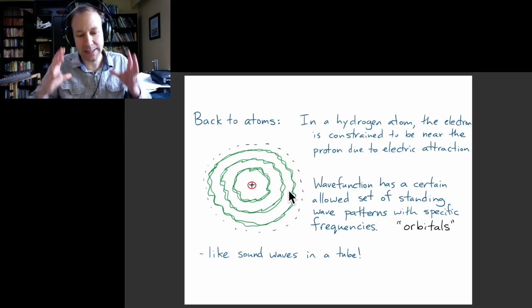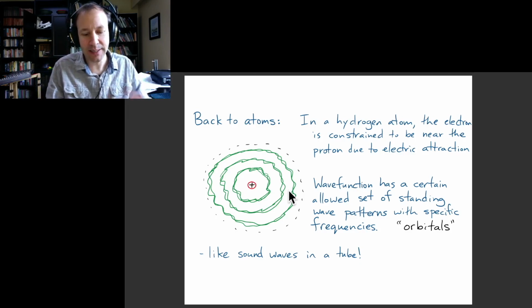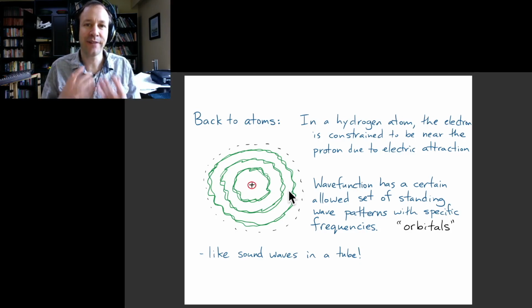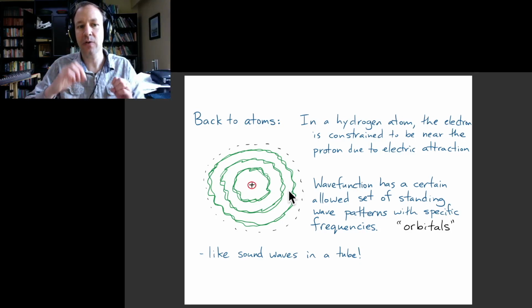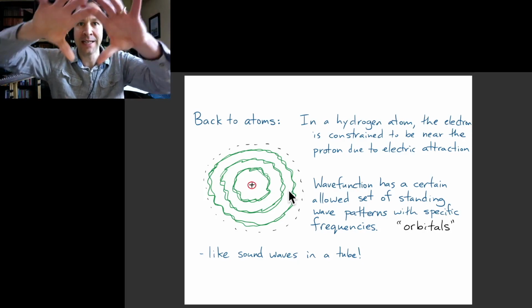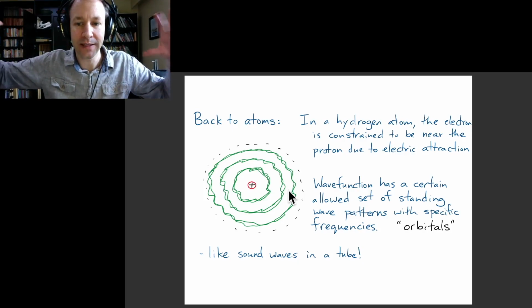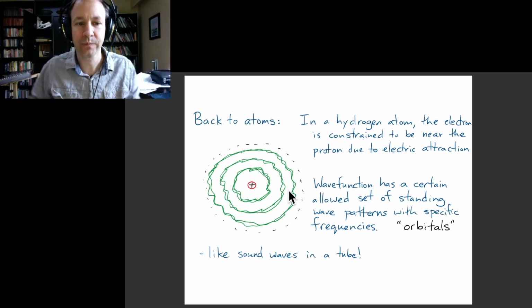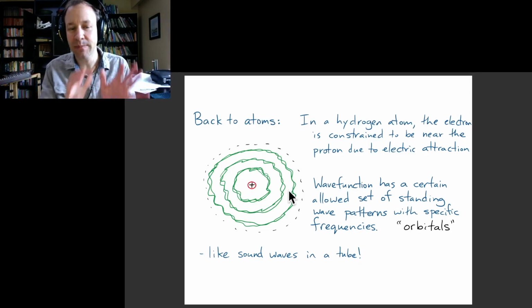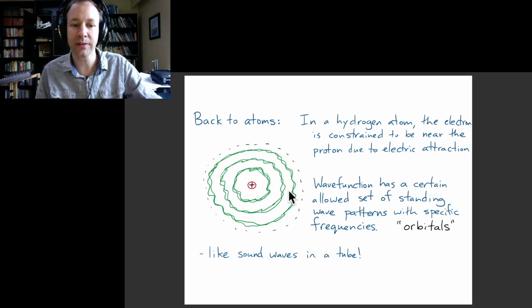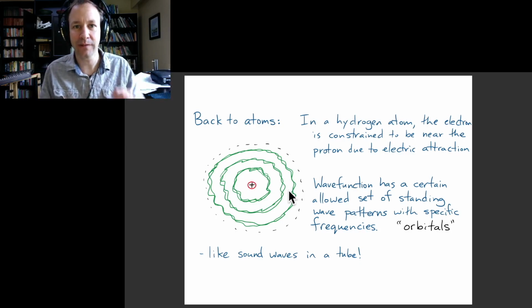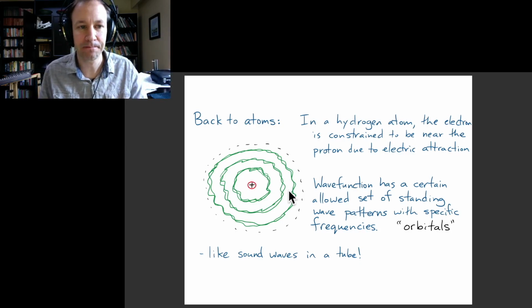So, in a sense, the physics of the electron in the hydrogen atom is very, very much analogous to the physics of a guitar string or the physics of air inside the tube of a wind instrument. In chemistry, these particular standing wave patterns for electrons are called orbitals, so you've probably heard that before if you've taken chemistry recently.